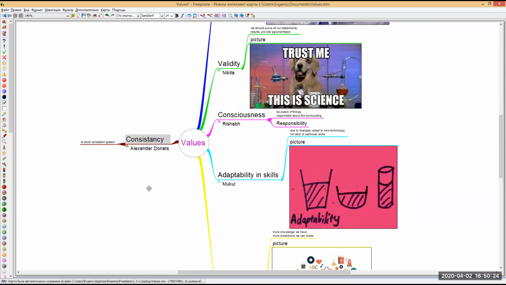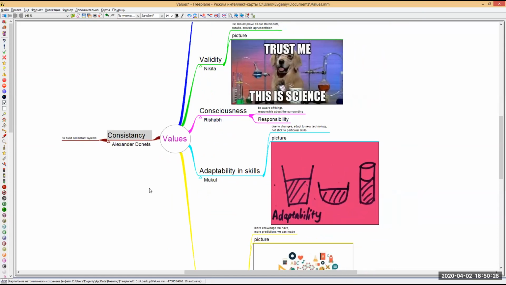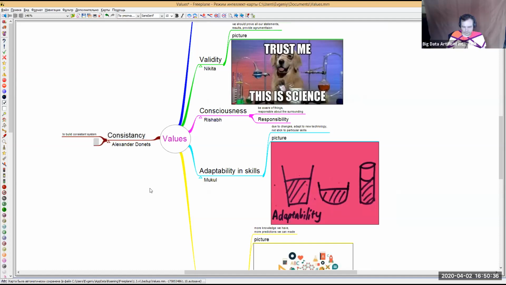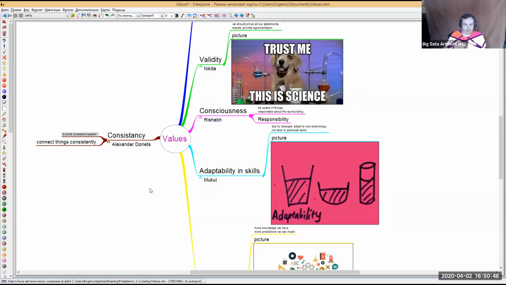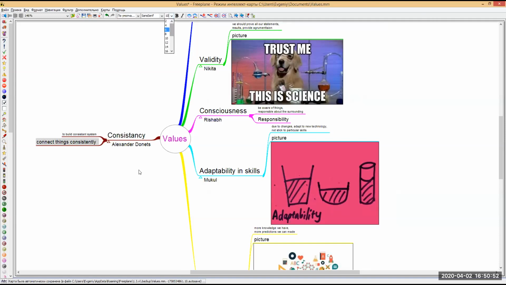But if you will prove different things but won't connect them consistently, that was I meant. It will be less usable. Connect things consistently, I wrote. Yes.